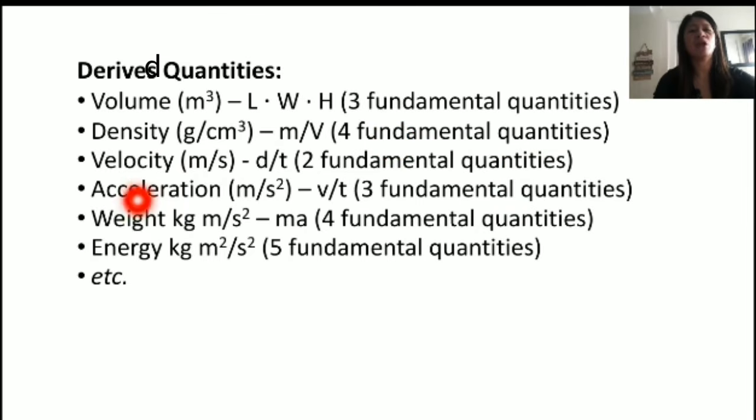Let's have another: velocity. Velocity is meter per second. This is determined as the ratio of distance over time. Distance is length, time is another fundamental. So velocity is a combination of 2 fundamental quantities. And the rest, you will see that they are combinations of fundamental quantities. So they are what we call derived physical quantities.